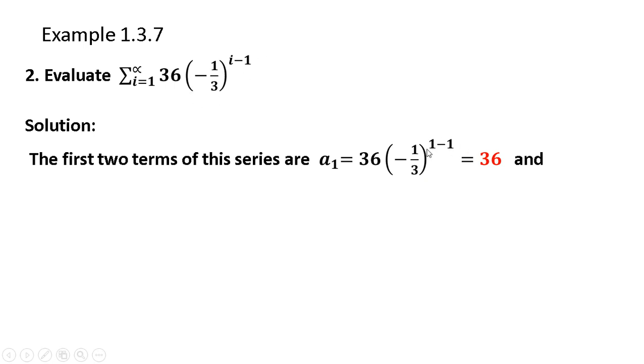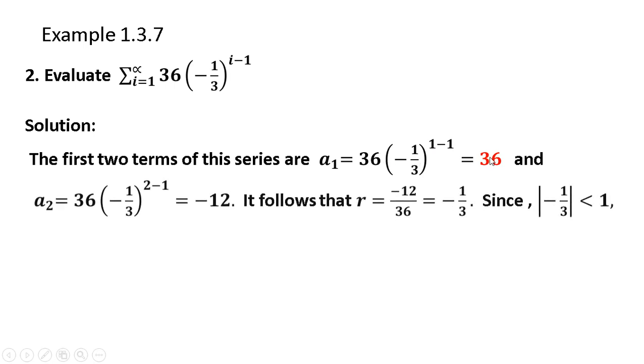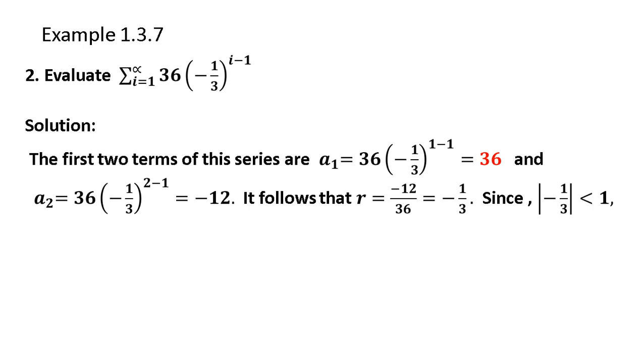So we have an exponent of 0 here. 36 times 1 equals 36. For a sub 2, we have 36 times negative 1/3 to the power of 2 minus 1, which equals negative 12.